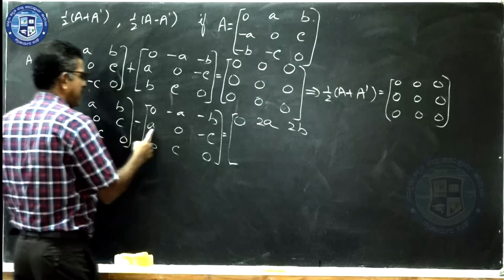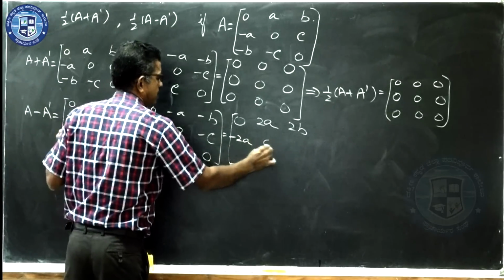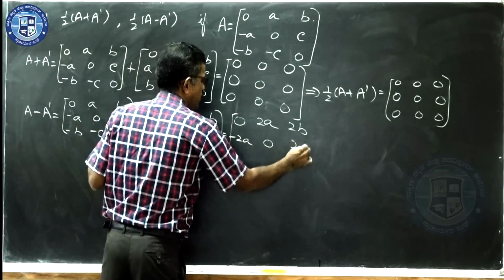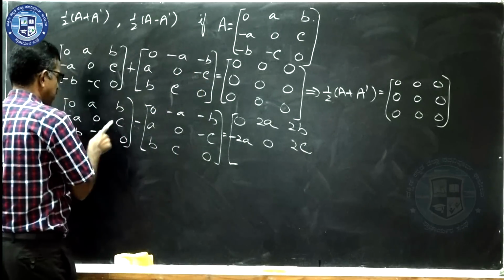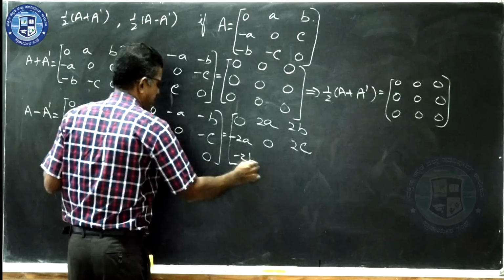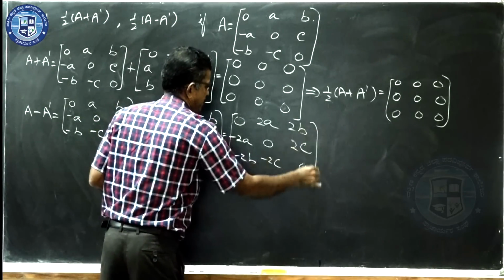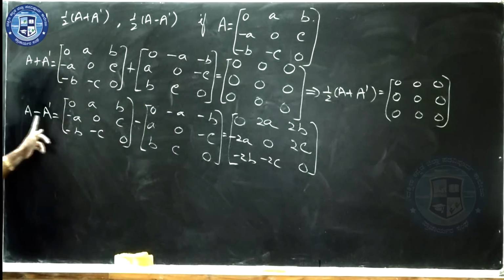What is minus a minus a? It is minus 2a. Then 0. Then c minus of minus c is 2c. Minus b minus b is minus 2b. Then minus c minus c is minus 2c. This will be 0. That is A minus A dash.